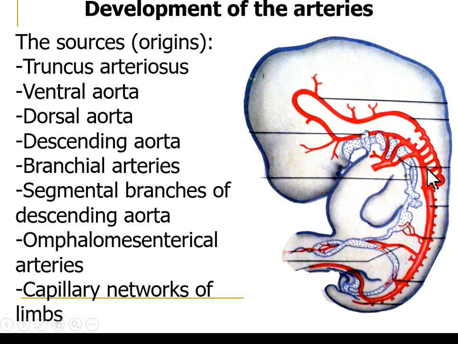Branchial arteries lie between the dorsal and ventral aortas. Segmental branches of the descending aorta. Omphalomesenteric arteries supply the mesentery.